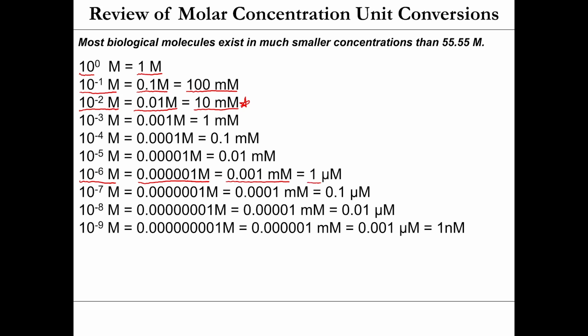So we might just revert to 1 micromolar. So you need to be able to convert between micromolar and millimolar. And then moving even further, if you're dealing with something like 10 to the negative 9 molar, you can convert that by saying 1, 2, 3, 4, 5, 6, 7, 8, 9.